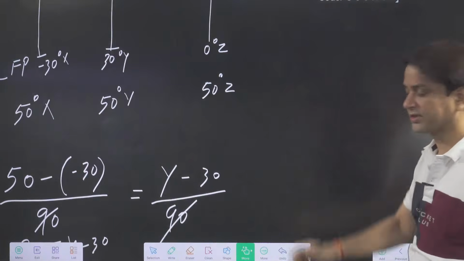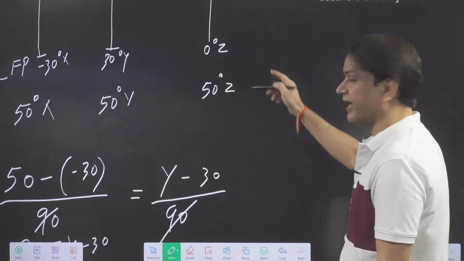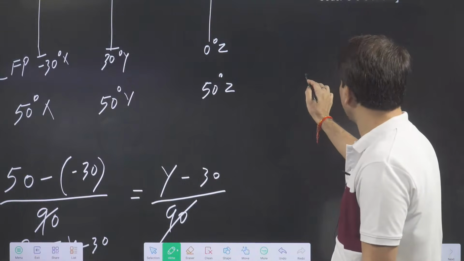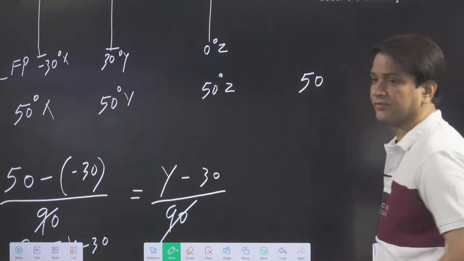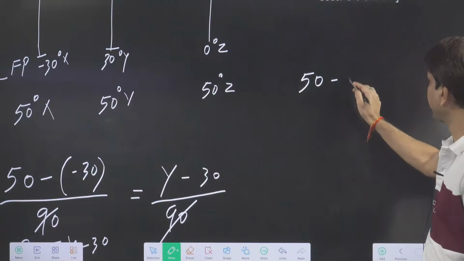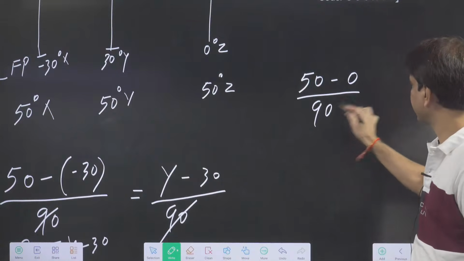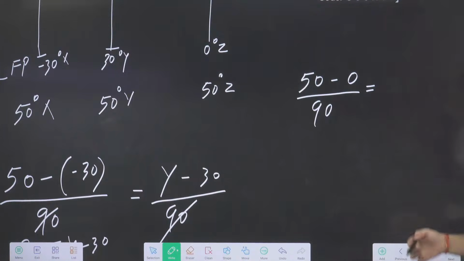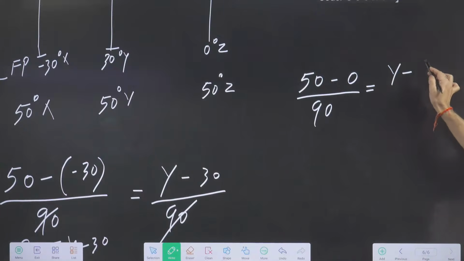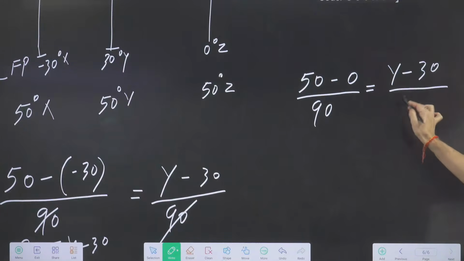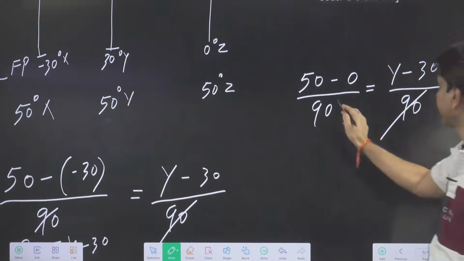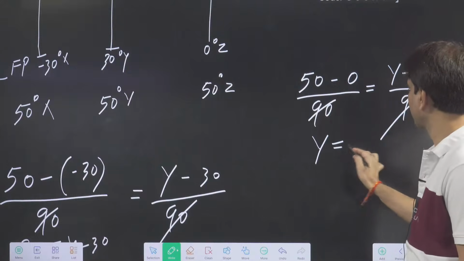Third, I will go to Z. For Z, again convert Z into Y. How? Z: 50 minus LFP of Z, 0, upon 90, is equal to Y minus LFP of Y, which is 30, upon total number of divisions, 90. 90 cancels out. What Y value did you get? 80.